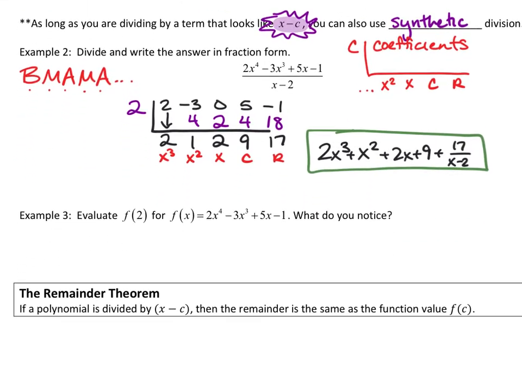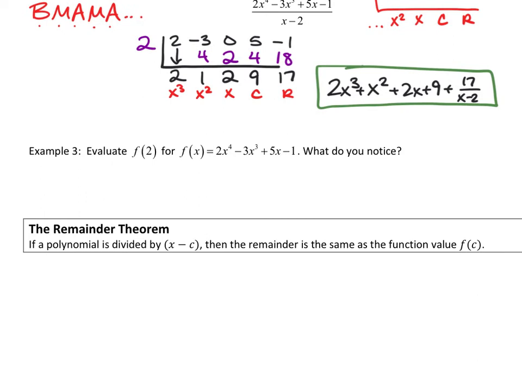Okay, one more thing I want you to notice, and again, hopefully you notice that this f of x polynomial here is still the same, the numerator or the dividend that we've been using on this entire page. This example says evaluate f of 2.